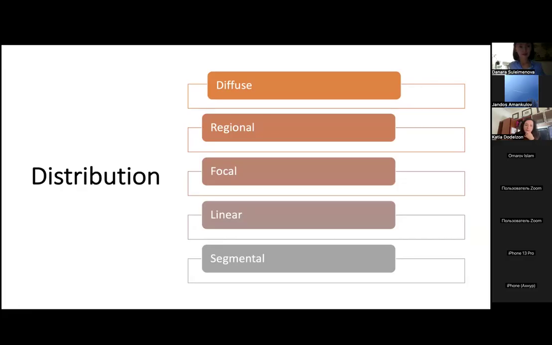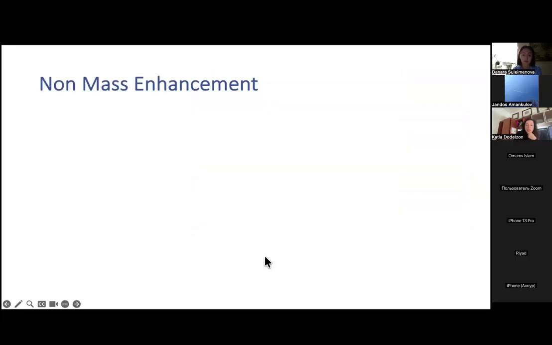So what we talk about is its distribution, again going from least to most suspicious: diffuse, regional, focal, linear, and then segmental. Usually non-mass enhancement, if it's unique, and again, we're looking for things that stand out, not bilateral, not symmetric, but unique, is a sign of DCIS, ductal carcinoma in situ.